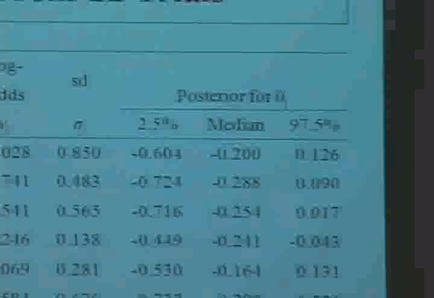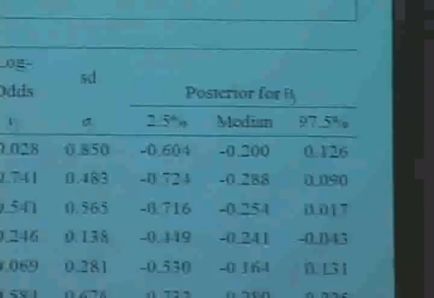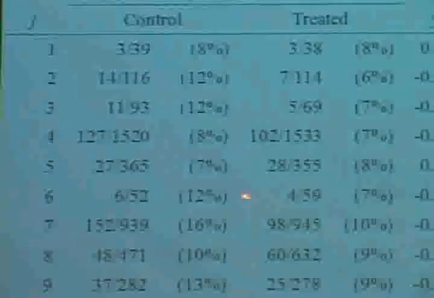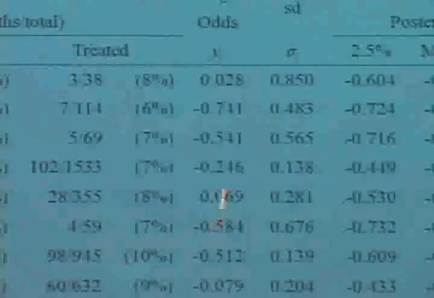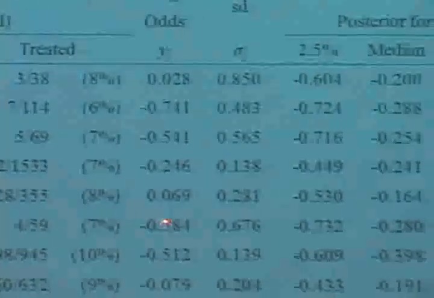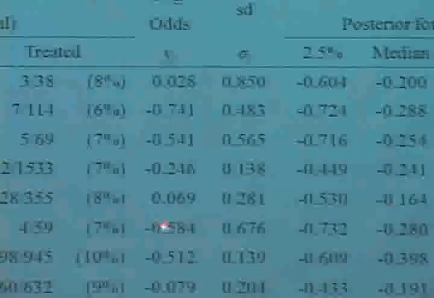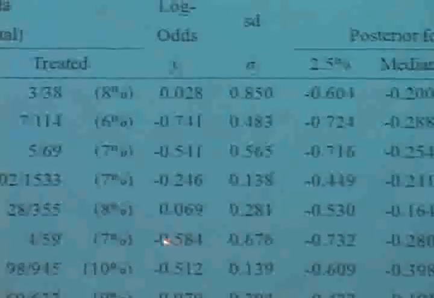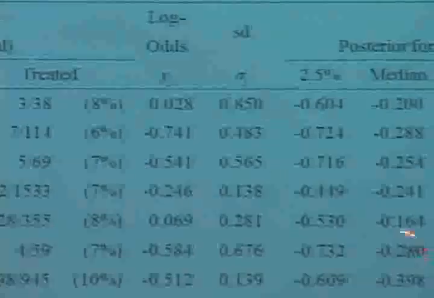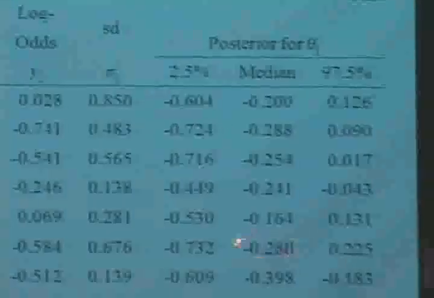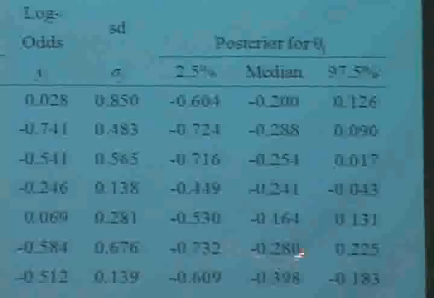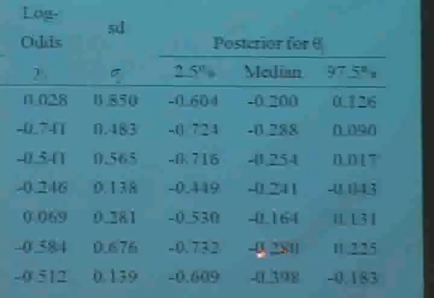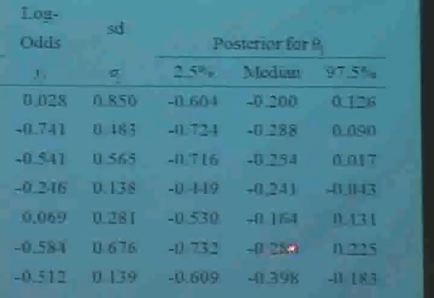So for instance, if you take a fairly small study, like study 6 here, 52 and 59 people, the log odds was fairly large negative compared to the others, right? But since the sample is small, it will be shrunken towards the overall mean. So the estimated effect from drawing information from the other studies is going to be smaller for that study.